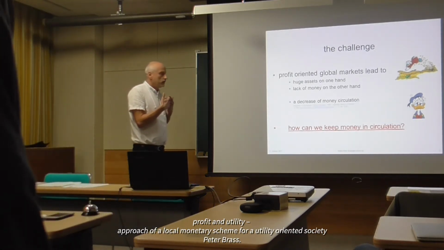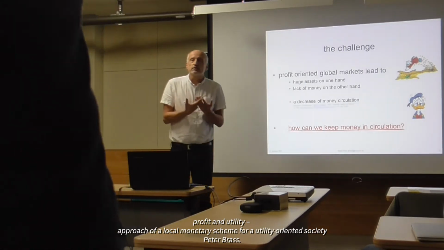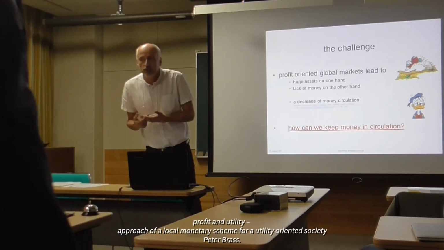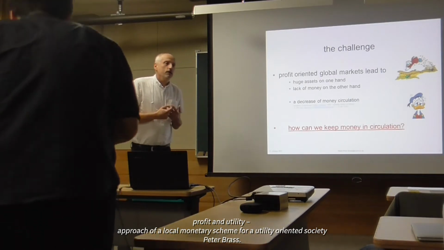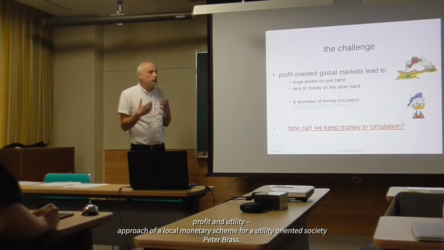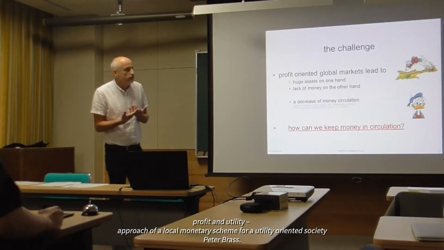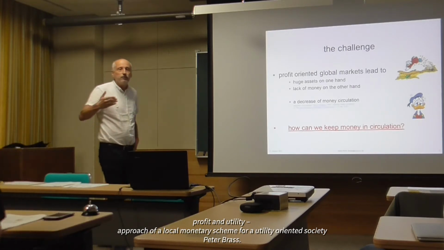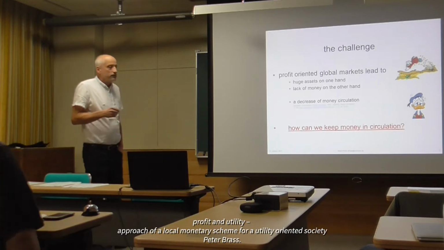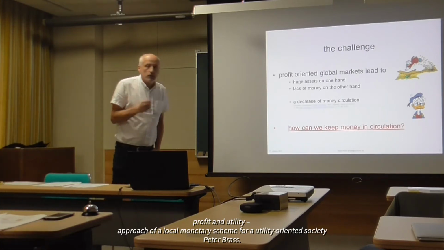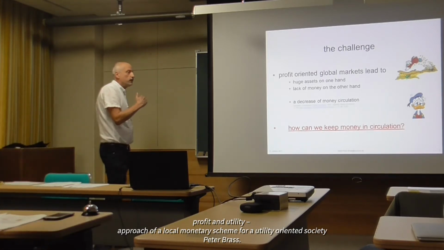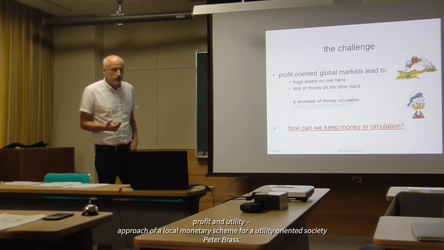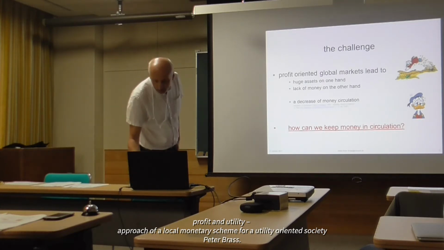In the orthodox money theories, this is described as a decrease of money velocity. At least it is the picture which usually the followers of Freigeld like to use. But in any way, it's a good picture, and it is really the challenge. If we ask ourselves the question, how can we keep money in circulation? That's one of the main points.